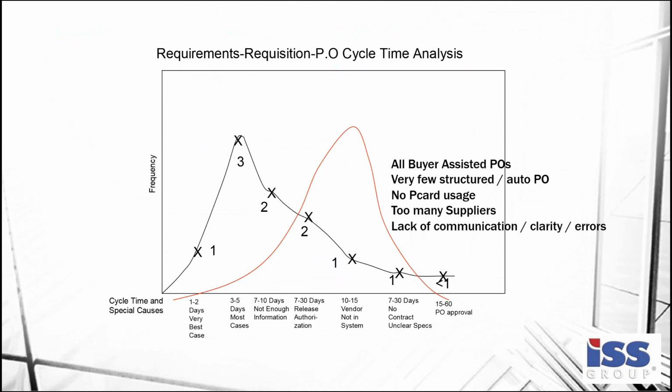Now this is just an example of what some of our results look like. We put together a frequency distribution diagram or a histogram, whatever you want to call it. It shows the number of, in this case, requirements to requisition cycle times, the numbers of requisitions that took the cycle time on the lower part of the graph, and the red curve is the before, and the black curve is the after.